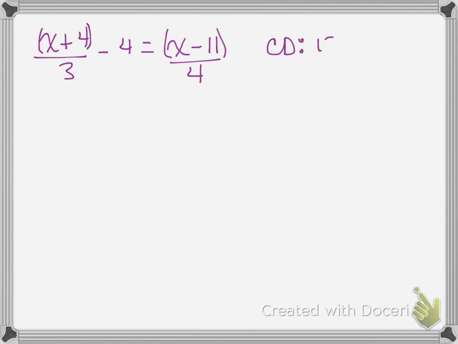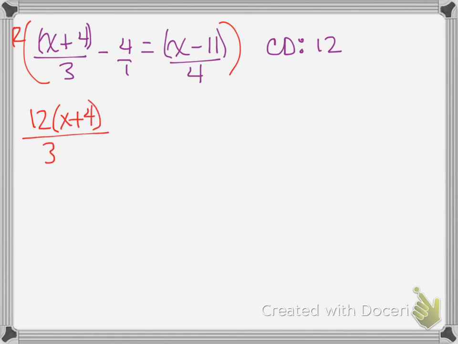Common denominator is going to be 12. You could put a 1 underneath here if you wanted. So let's multiply this whole thing by 12. So I have 12 times x plus 4 over 3, minus 12 times 4, 12 times x minus 11 over 4.